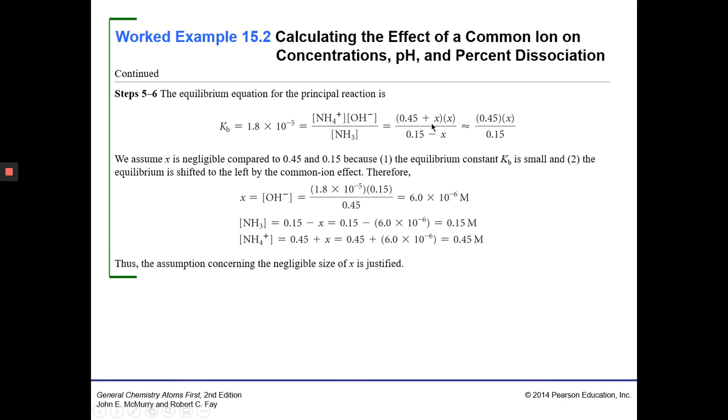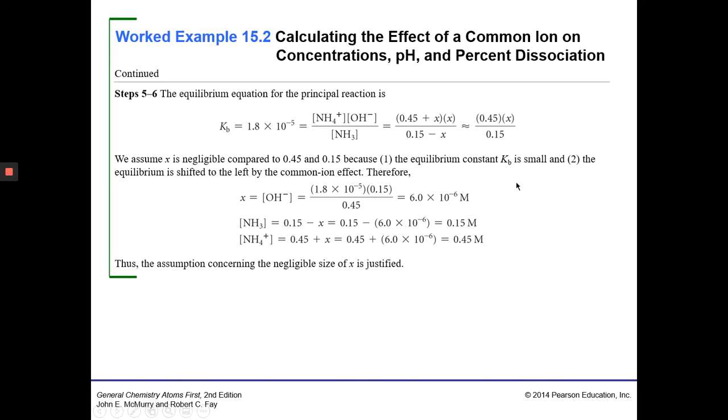If we compare 0.45 to our Kb value, we can assume that this x in the numerator, in parentheses, and this x in the denominator are both small and can be neglected. So our equation simplifies down to just 0.45 times x over 0.15. We assume that x is negligible compared to 0.45 and 0.15 because the equilibrium constant is small, and the equilibrium is going to be shifted to the left by the common ion effect.